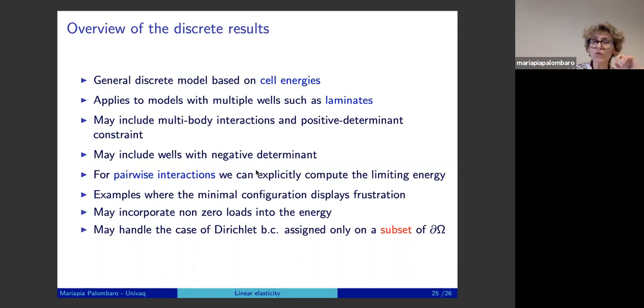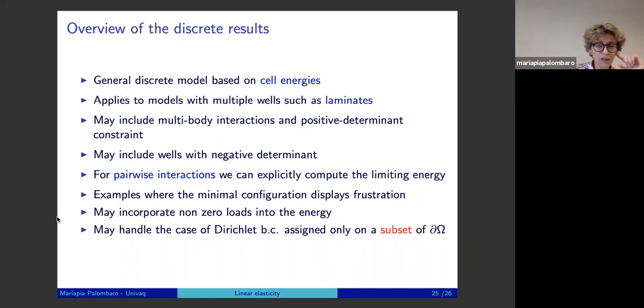But we may include also multi-body interactions with positive determinant constraint, but also negative determinant, as in the case of the reflections. Pairwise interactions are covered by our analysis, and in this case, we can explicitly compute the limiting energy, and we give an explicit formula for the limit energy. We exhibit examples where the minimal configuration displays frustration.